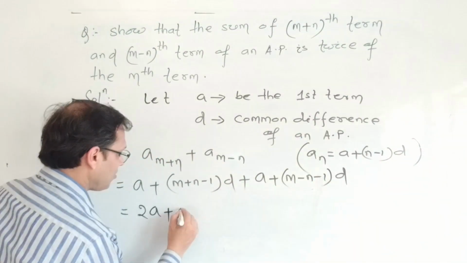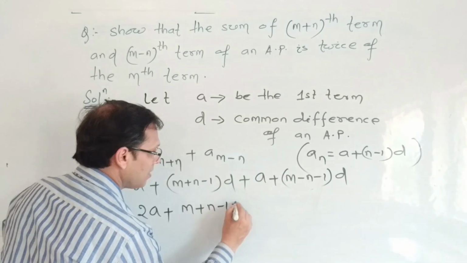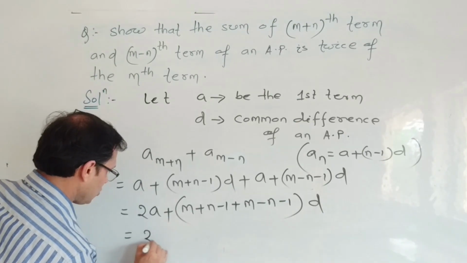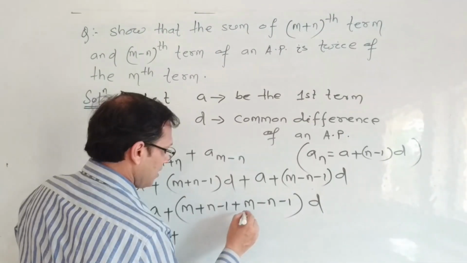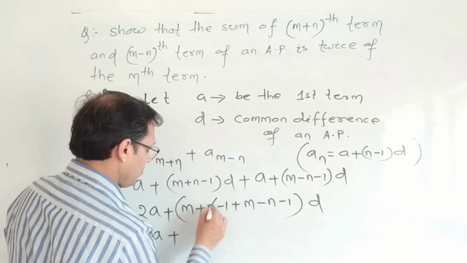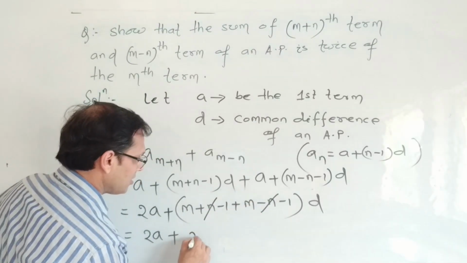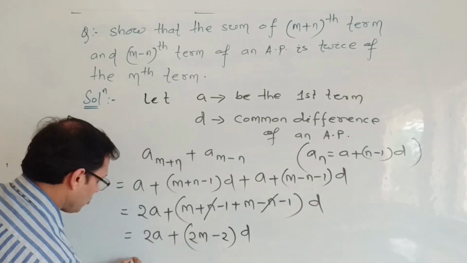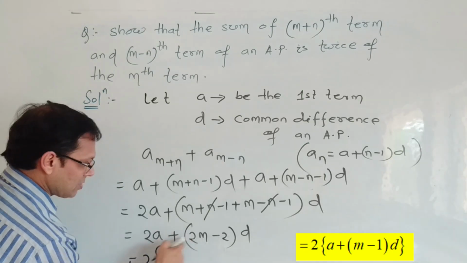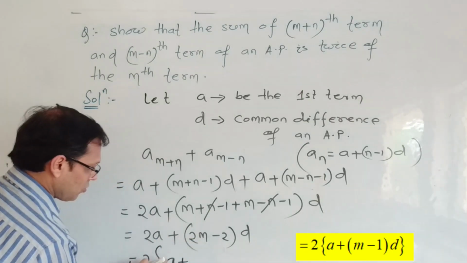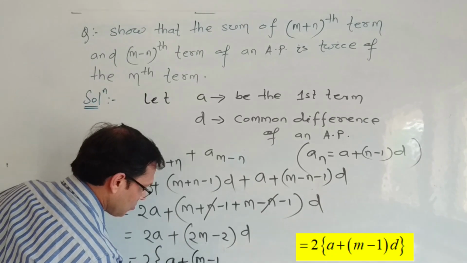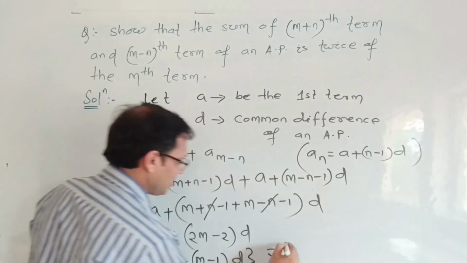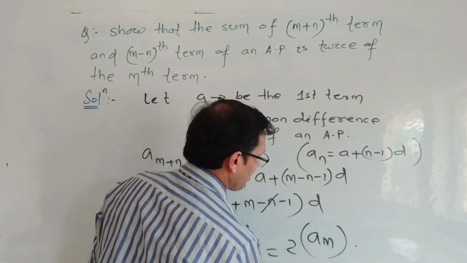Taking D as common, we are left with m plus n minus 1 plus m minus n minus 1 into D, that is 2a plus, here n and minus n cancel, 2m minus 2 into D. Taking 2 as common, we are left with a plus m minus 1 into D. This is nothing but the mth term, that is twice of am, hence proved.